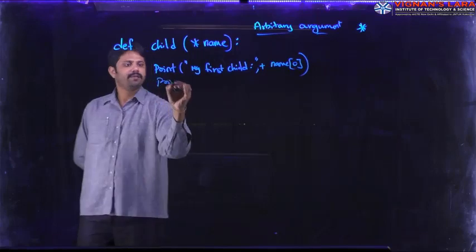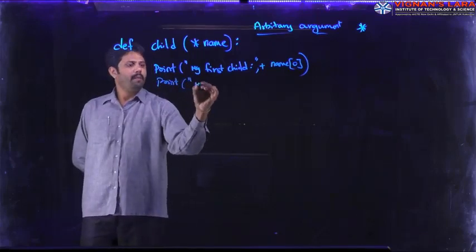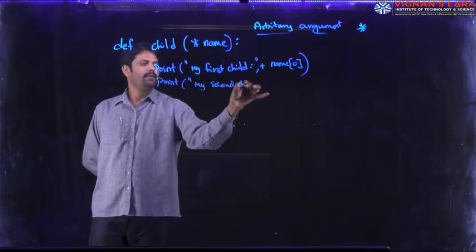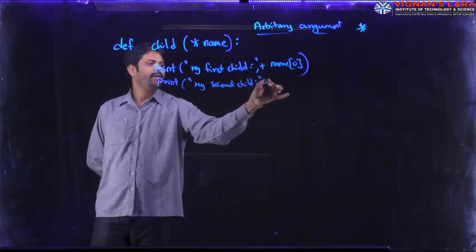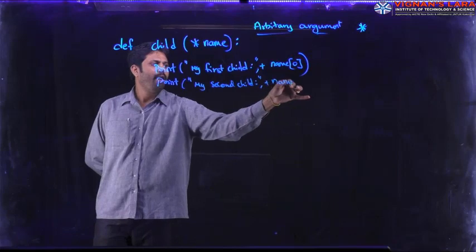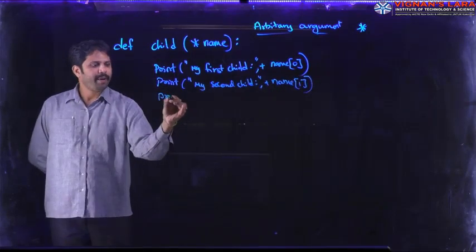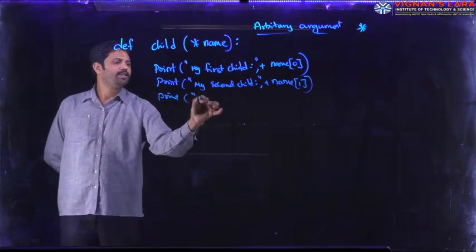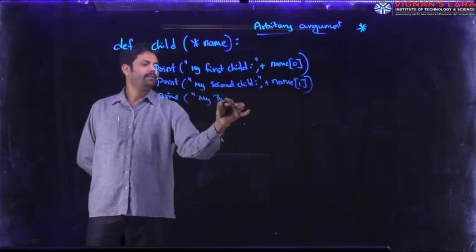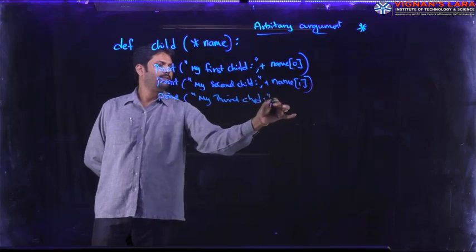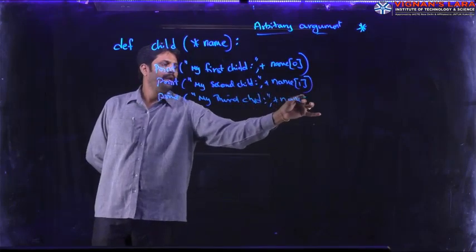Next, print my second child is name of 1. Again, print my third child equals name of 2.